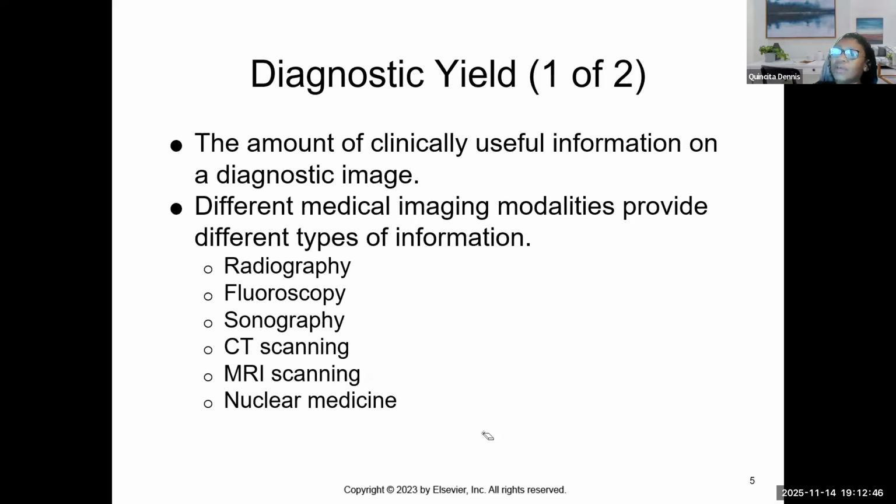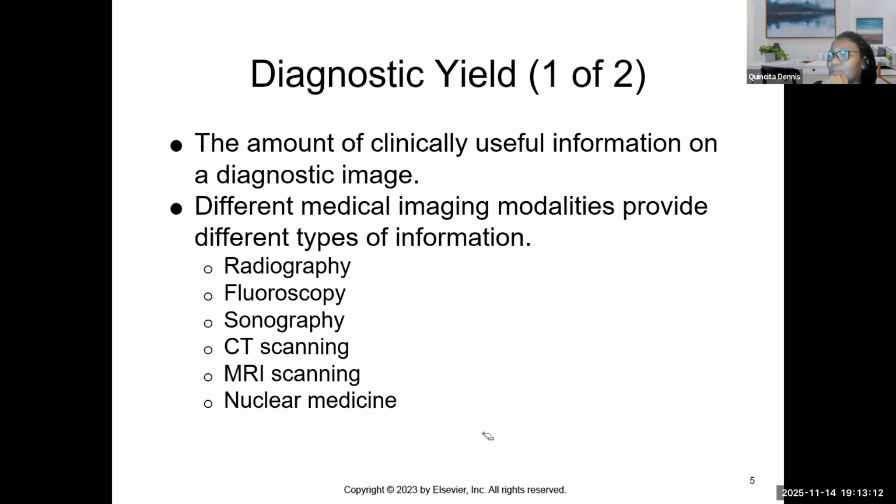So in this case, the patient is the source of radiation. It does have a very short half-life, so eventually the patient will get rid of the radioactive nucleotide. A lot of times it leaves their system when they urinate.